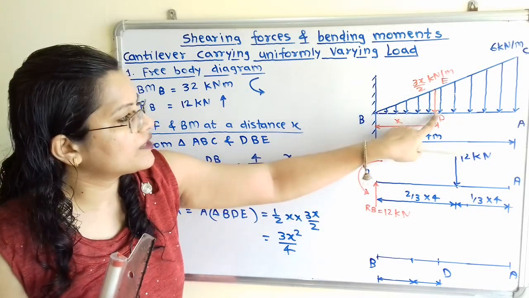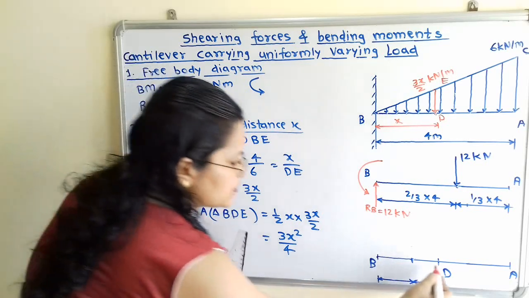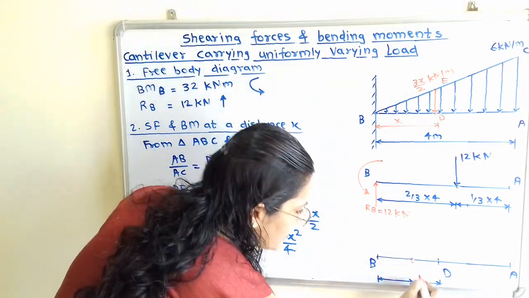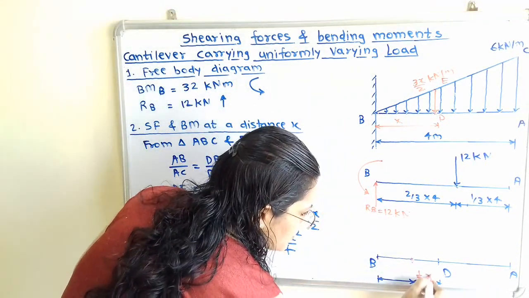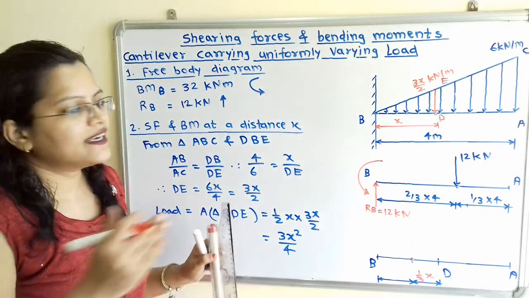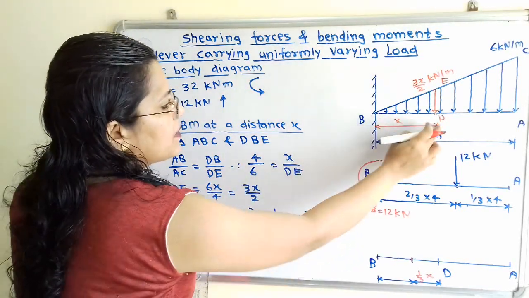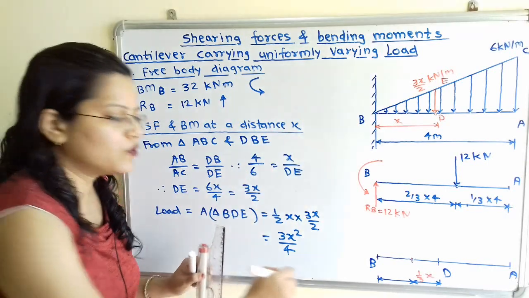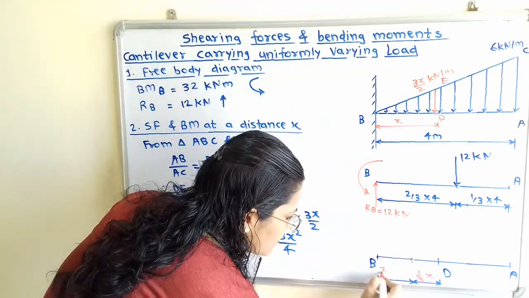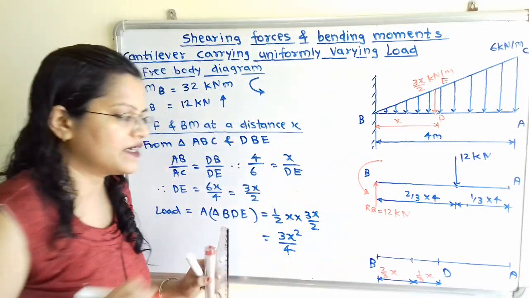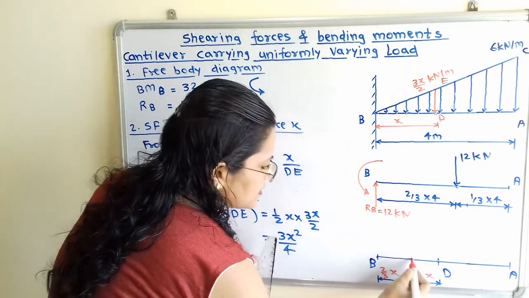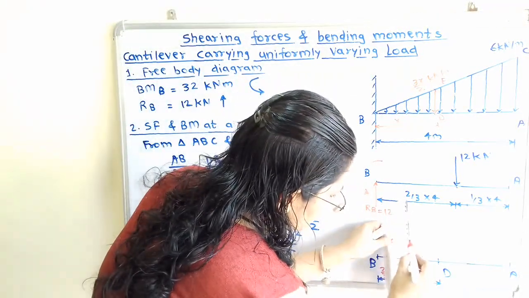So maximum load is at point D. So from this point D, we will plot the point at a distance 1 by 3 multiplied by x, and it is at a distance 2 by 3 multiplied by x from the minimum load. So from this point B, we will consider the point 2 by 3 multiplied by x, and this is the point of application of this load.